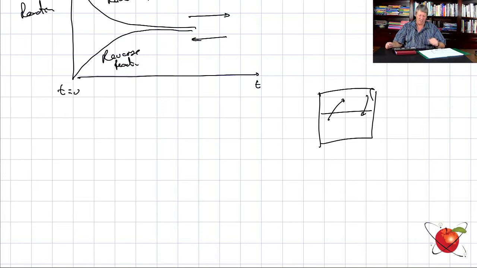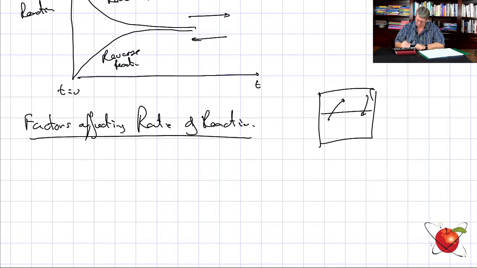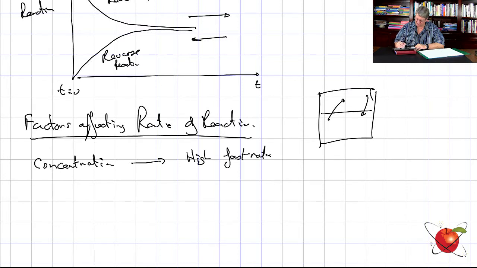Now, let's have a look at the factors affecting rate of reaction, just to recap. First one is concentration. Remember, we said if concentration is high, it's a fast rate. If it's low, slower rate.